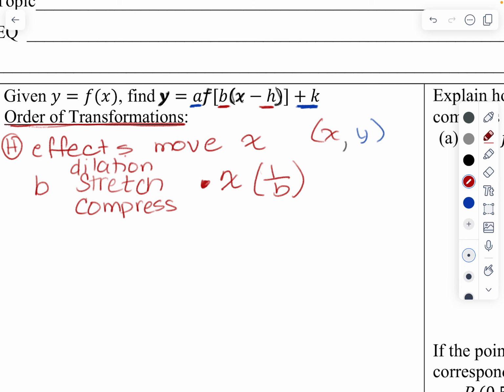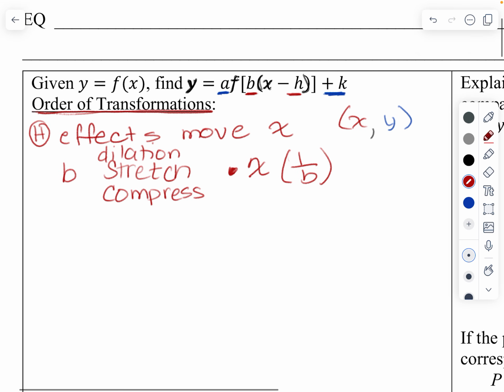Okay, so that's really important to remember. Anything that's happening inside the parentheses with that x, you're always going to want to use the inverse operator. So if it says times 3, then you're going to multiply times 1/3. If it says plus 2, then you're going to subtract 2. So we're going to work off b first. It's going to be a dilation, whether it's a stretch or compression. You're just going to take your x component and multiply it by the reciprocal value.